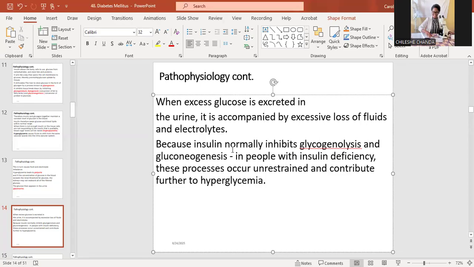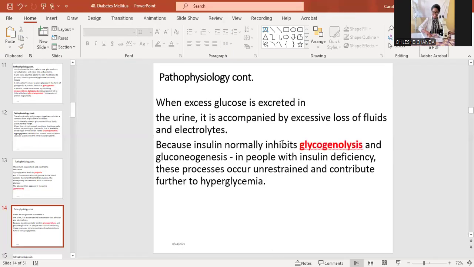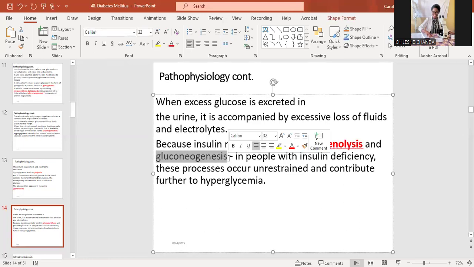Now, because insulin normally inhibits glycogenolysis, which is the production of new glucose from stored energies, and gluconeogenesis, which is also production of new glucose, all right?